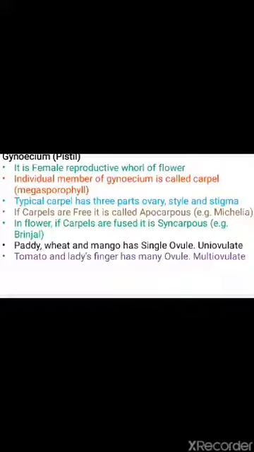If the carpels are free, then they are called apocarpous. Example, Michelia.